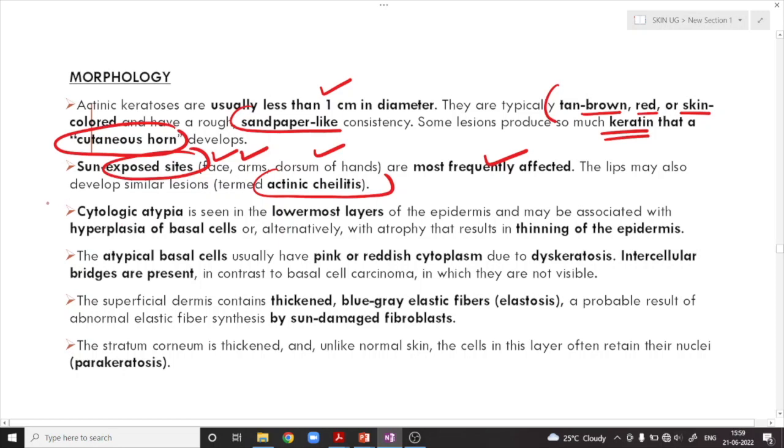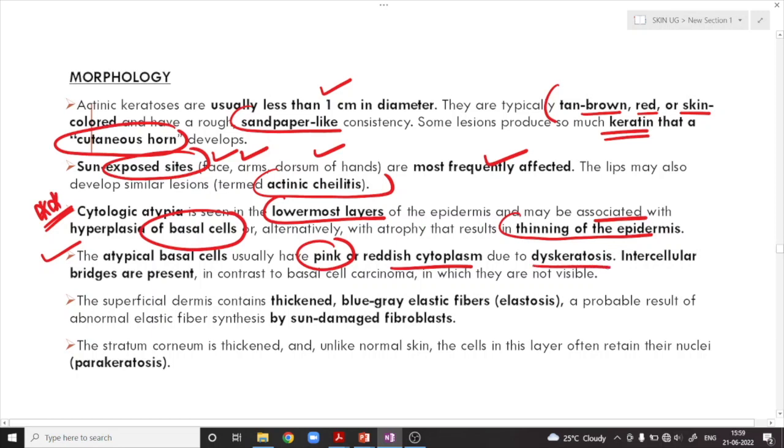Now, the cytological atypia that you will see in actinic keratosis most commonly starts at the basal layers, or in the lowermost areas of the epidermis, and it may be associated with hyperplasia of the basal cells. Alternatively, in some areas you might see atrophy and thinning of the epidermis. These atypical basal cells will show a pink or reddish cytoplasm, and this is called dyskeratosis.